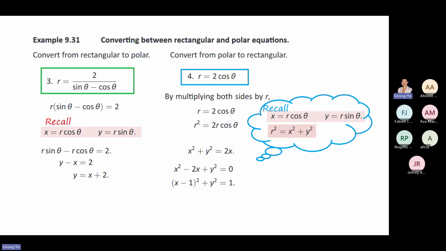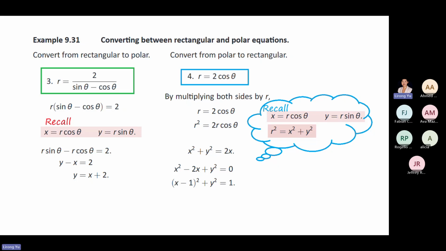So this is a circle with radius 1, center at (1, 0). After completing the square, we can identify the center of the circle is at (1, 0). The radius of the circle is also 1. So the rest of the algebra is just to identify the shape. Any question?